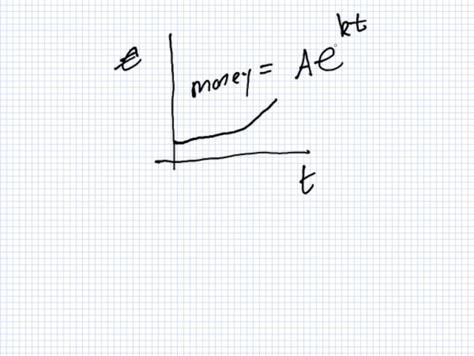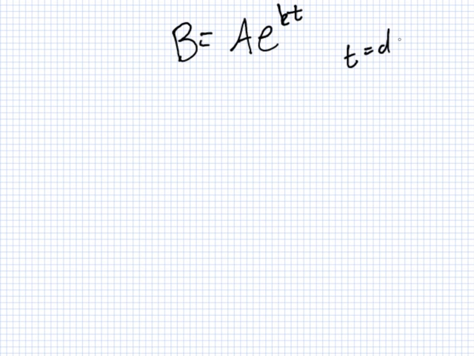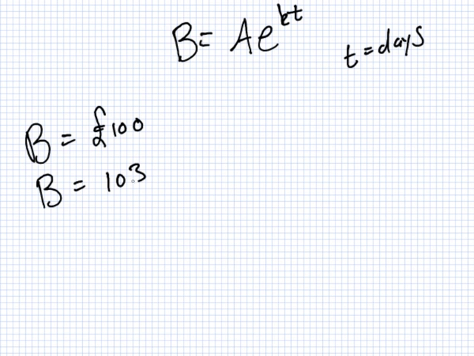So of course what we would like to know is what is the A and what is the K. Okay, so if I go to the question now, you're told at B, the balance is equal to A e^KT, and T is in days, and at the start of the year, the balance is £100. And then at the end of the year, the balance is £103.